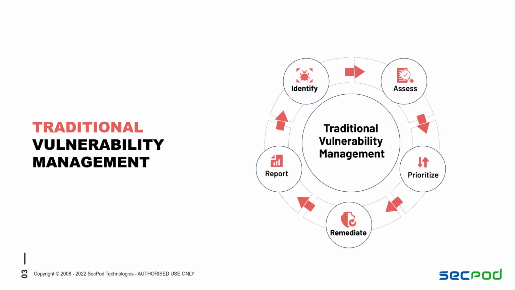Personally, I have been in the vulnerability management industry or cybersecurity industry for over 2 decades now, and I have been looking at this wheel for more than 15 years or so. This is typically what the vulnerability management lifecycle is all about: identifying the vulnerabilities, assessing them to understand the risks involved, prioritizing those that must be dealt with, remediating them, and reporting after remediating.